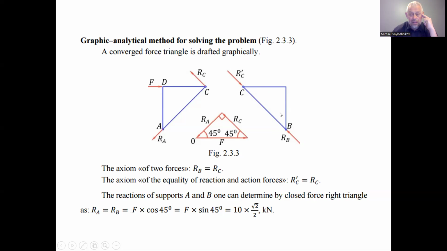This predetermined RB equal to CB. So the tension of force R stroke C is transmitted by this segment CB to point B, and we have direction RB equivalent to RC stroke.